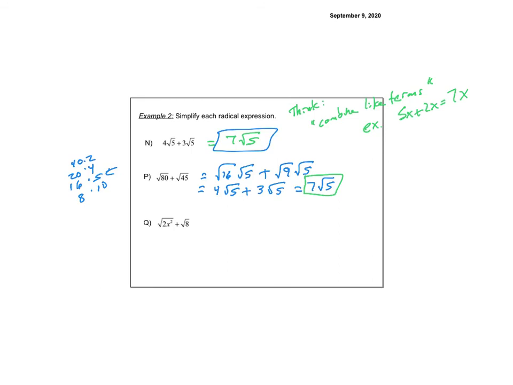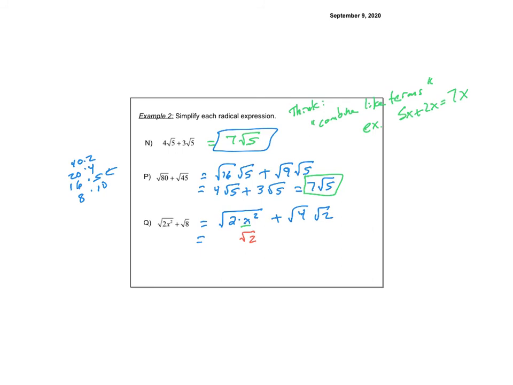All right, what about this one down here? Well, now we put a variable into this one. I'm just going to separate them in here: 2 times x squared plus, break down 8. What goes in 8? 4 times 2. In this case, we cannot find the square root of 2, but I could find the square root of x squared.